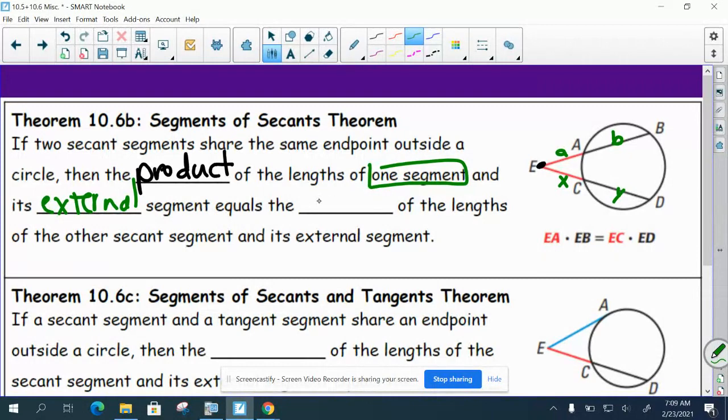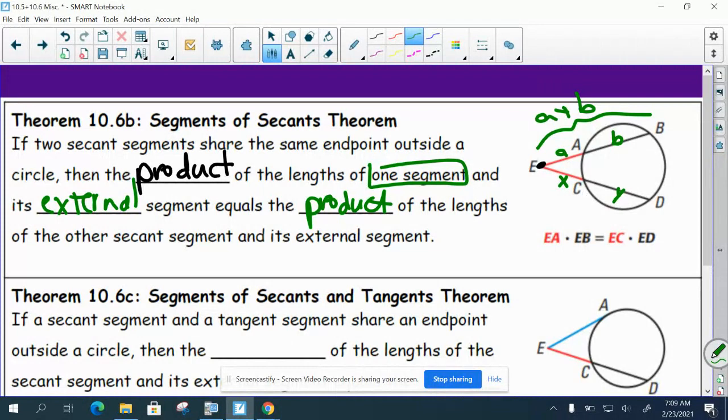So equals the product of the lengths of the other secant segment and external segment. So they're saying that EA, the outer part, times the whole thing, EB, which is also A plus B, equals EC times ED.